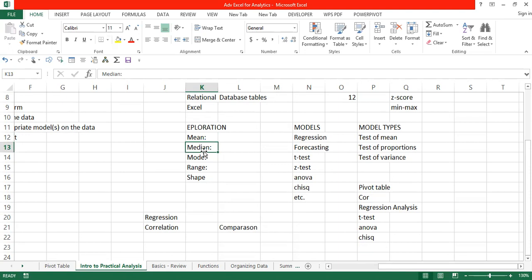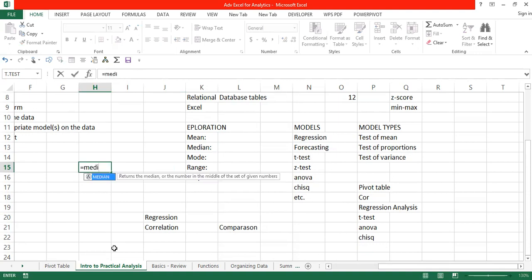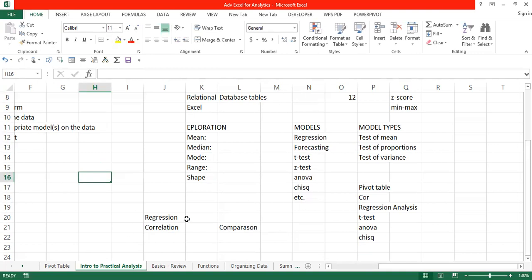There's the median function, which gives you the median. There's the mode function. When I say there's a median function, what do I mean? You just simply say equals median, and then you highlight the items you want to find the median of.